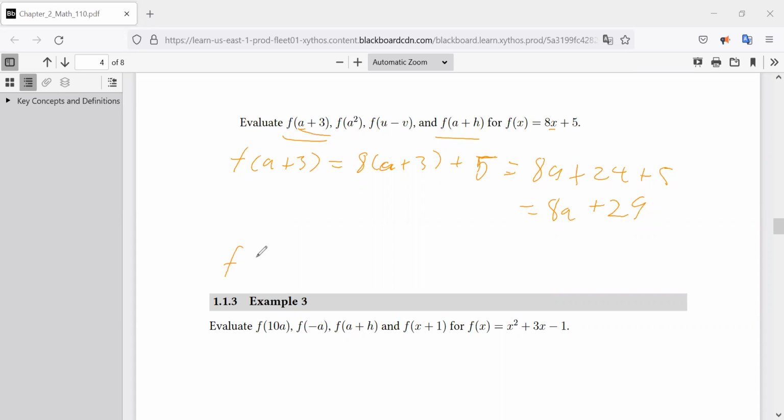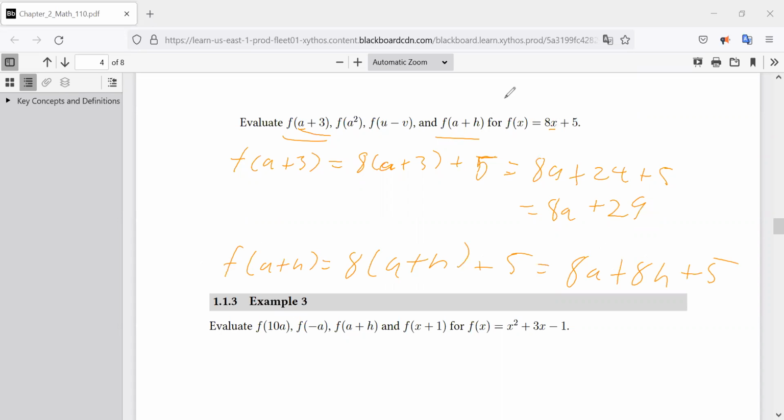Cool. So f of a plus h, that's going to be something similar. We're going to have 8 times a plus h plus 5. So that becomes 8a plus 8h plus 5. Cool.